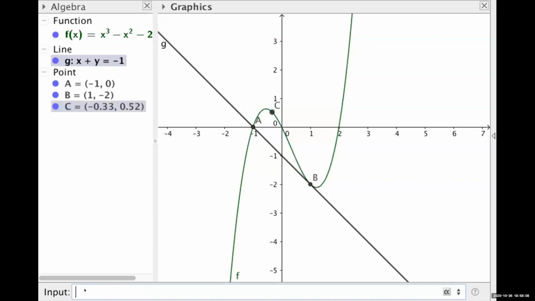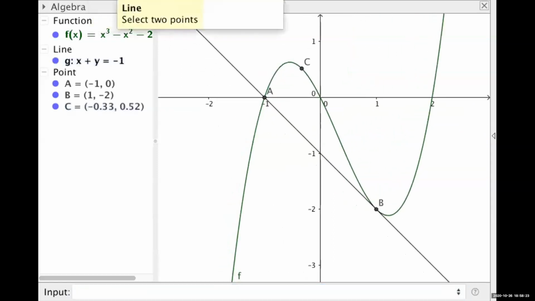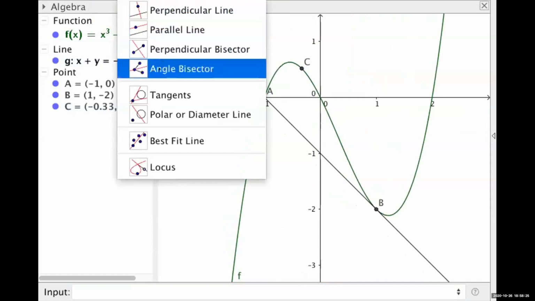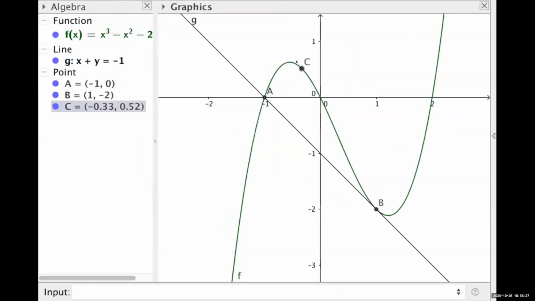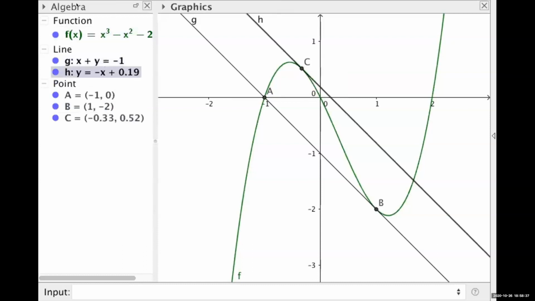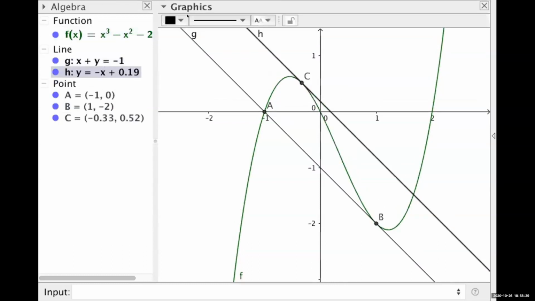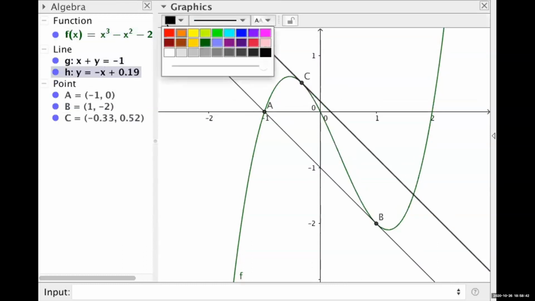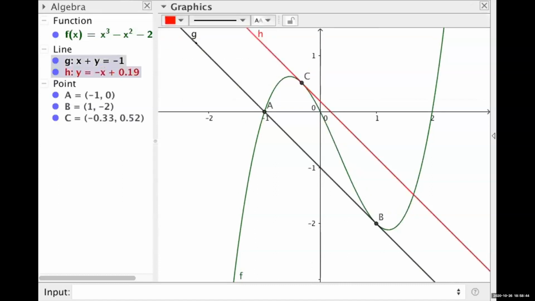Like that. You can see C up there. And then if I draw my tangent line, what should happen? My tangent line at C to this curve should be parallel to the line going through A B. And it sure looks like it is. Let's make it red so it matches our colors from earlier. And let's make this one blue.